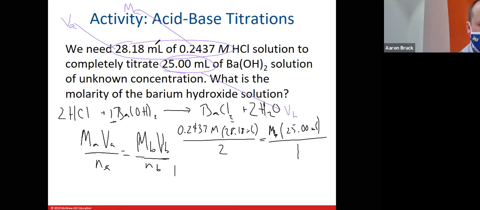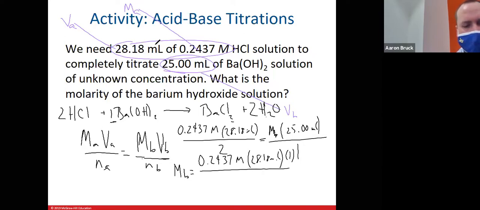Rearranging, my base concentration is 0.2437 molar times 28.18 milliliters times 1 over 2 times 25.00 milliliters.